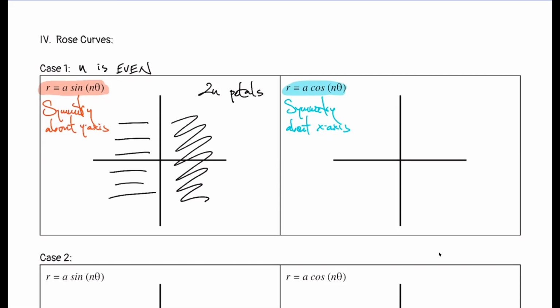I know this is not a picture of a rose curve, but we'll get some pictures when we plot a table out, and you'll have a chance to look at actual pictures in classwork number 7, okay?